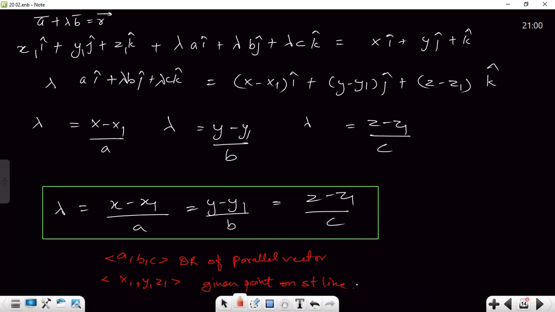These two things only we require. A, B, C are telling us the direction of the line, and x1, y1, z1 are telling us the exact point on the straight line. These two things are only required. And lambda is the scalar. We don't care about that.